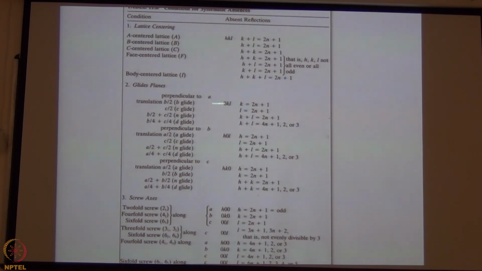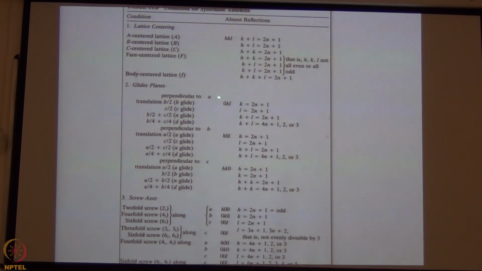Now this glide perpendicular to A can be B glide or C glide. So B glide perpendicular to A means translation is along B. So in the set of 0KL reflections, K odd will be absent if it is a B glide perpendicular to A. B glide means translation along B. So the Miller index which corresponds to B will be odd for systematic absence.